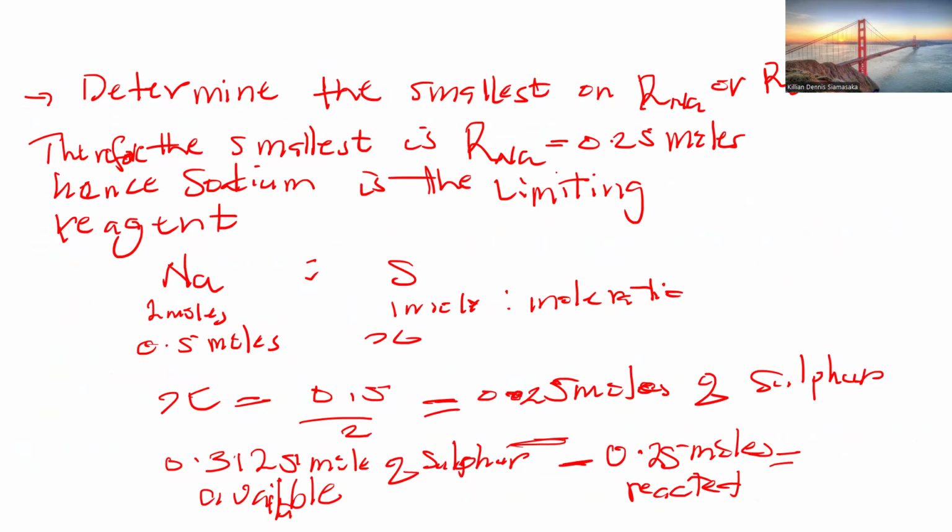So you can use a calculator. 0.3125 minus 0.25, so what we get here is 0.0625 moles unreacted.